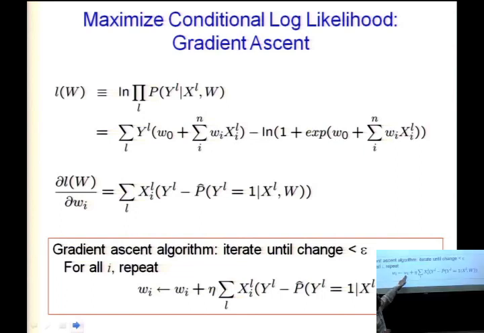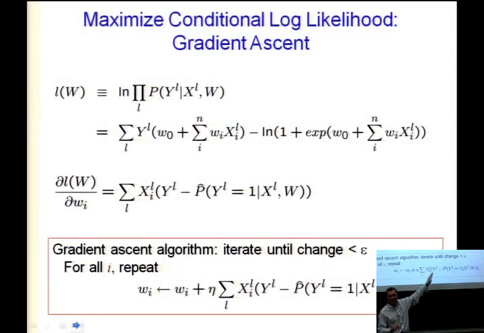It just says replace W sub i by its new value, which is its old value plus this change. Let's look inside and see what that is. It's actually very intuitive. Remember, y is a Boolean variable, it can be 1 or 0, and L is the superscript for the Lth training example.